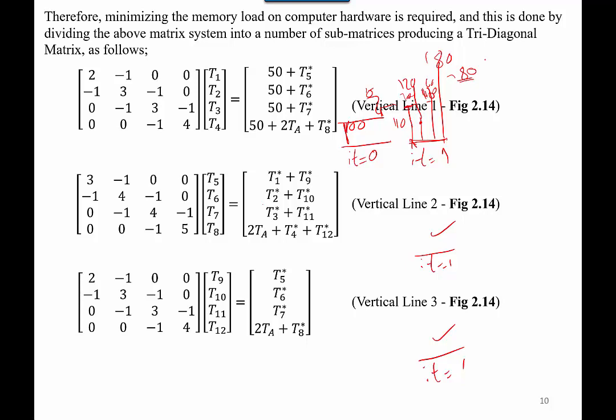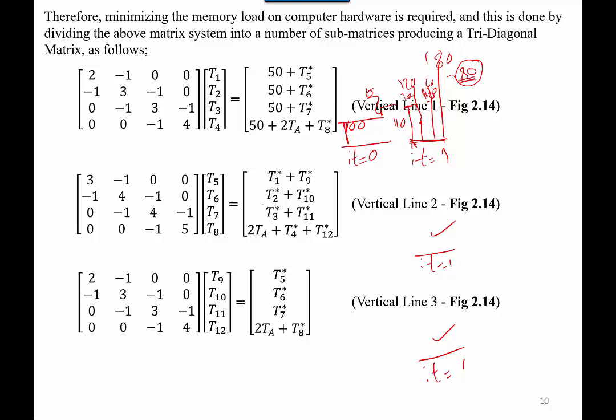So which is the maximum value of residual between these 4 points? Of course, definitely it is 80. So 80 is the difference between the value of the first iteration result and the base iteration, which is the starting point.